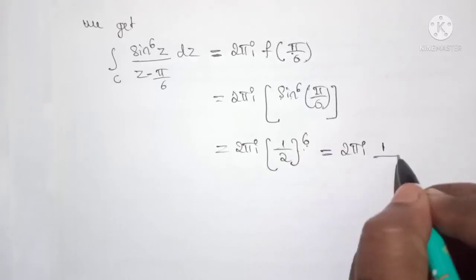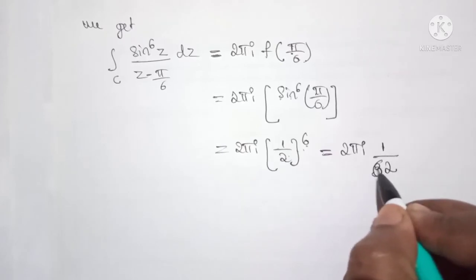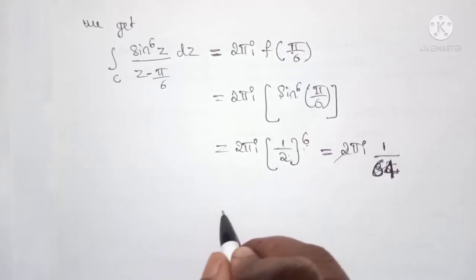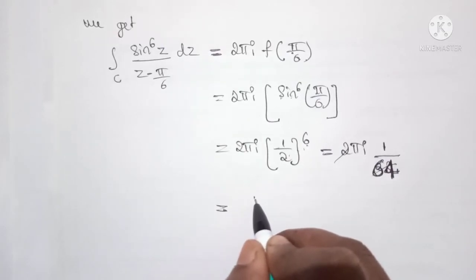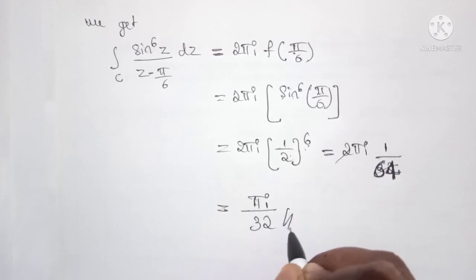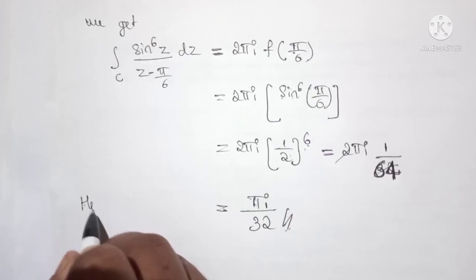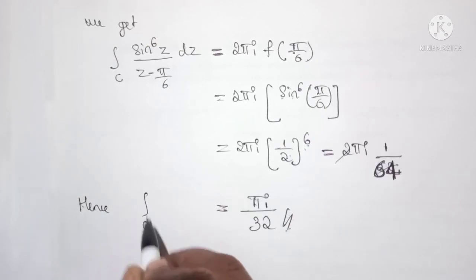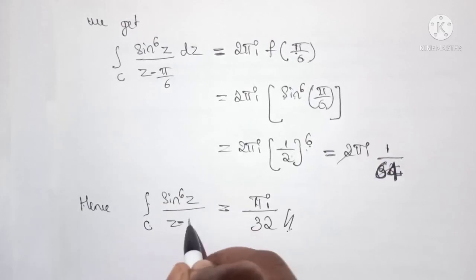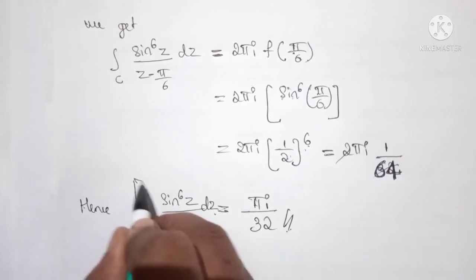Sorry, 2 power 6 equals to 64. So cancelling this 2, we get pi I divided by 32. Okay, so this is the required proof. Hence integration c of sine 6 z divided by z minus pi by 6 dz is equals to this one.